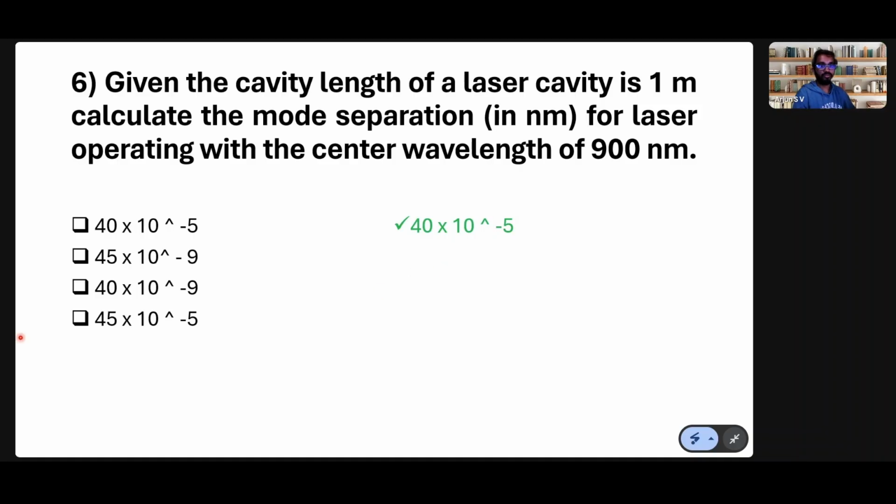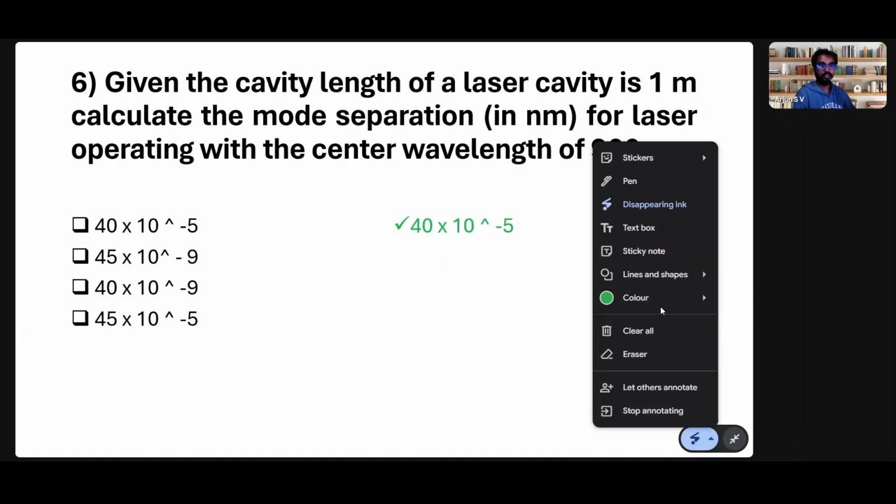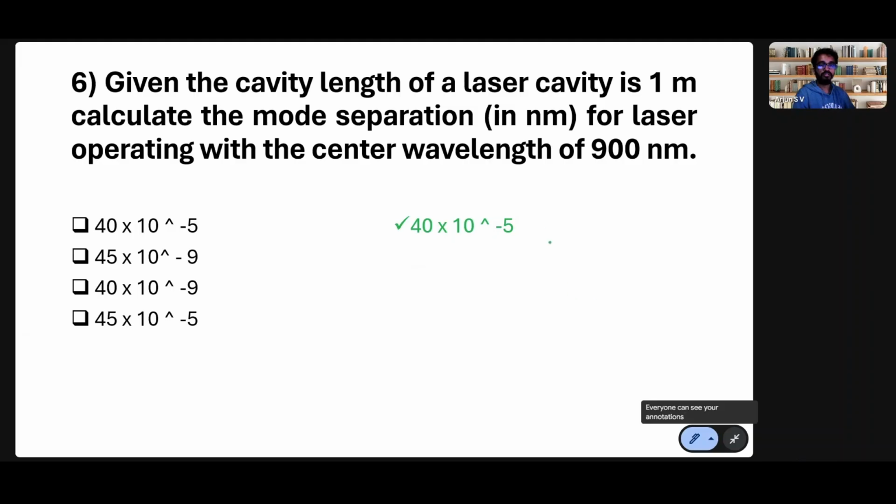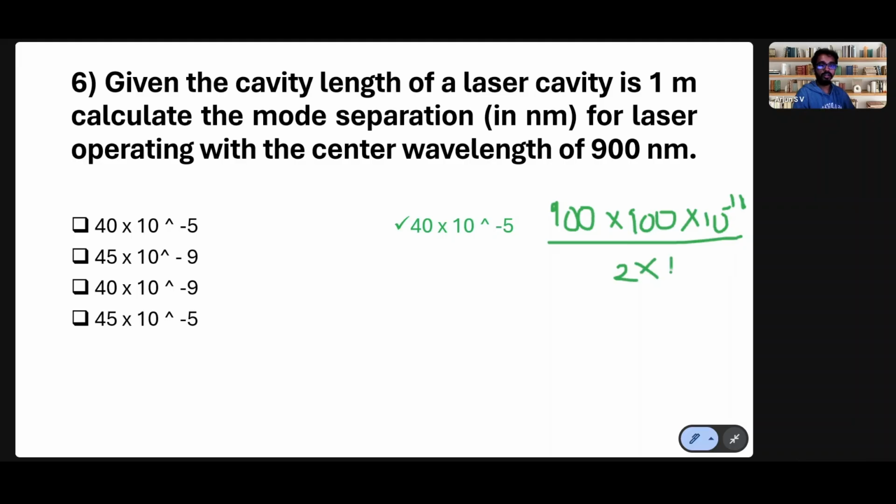So just to give an annotation, both of them are 10 power minus 9, so it will be 10 power minus 18. If you divide it by 2l, so it will be 2 into 1.